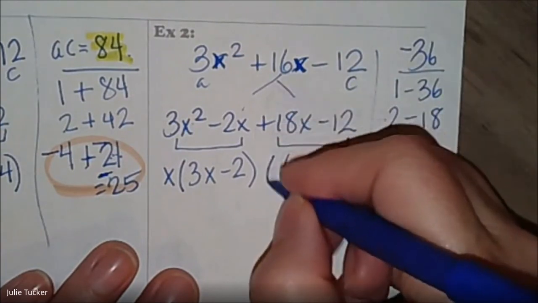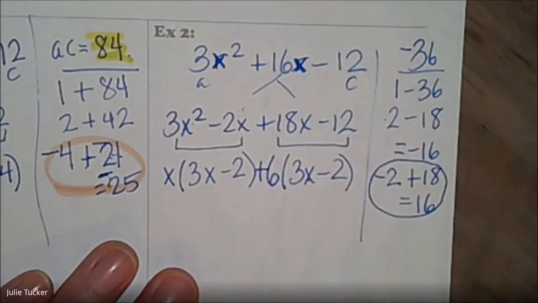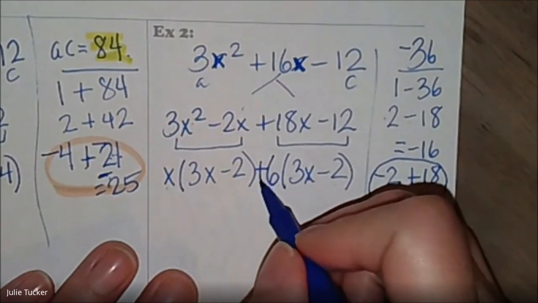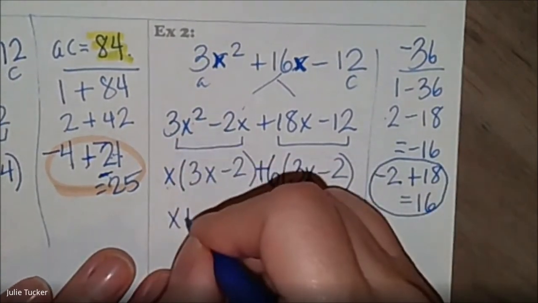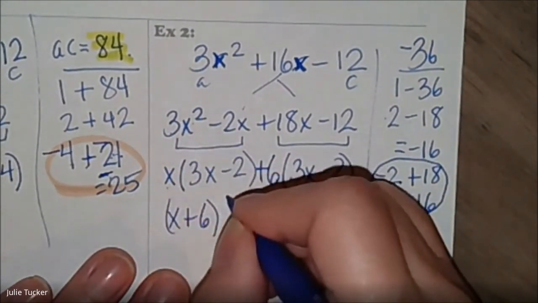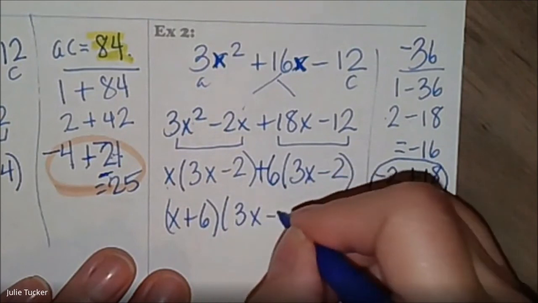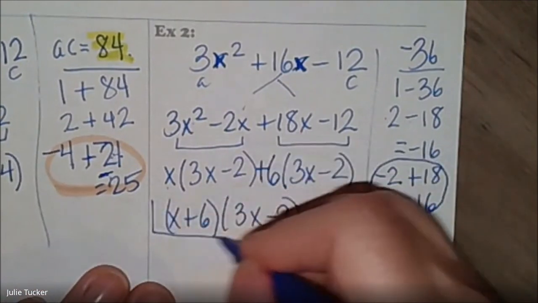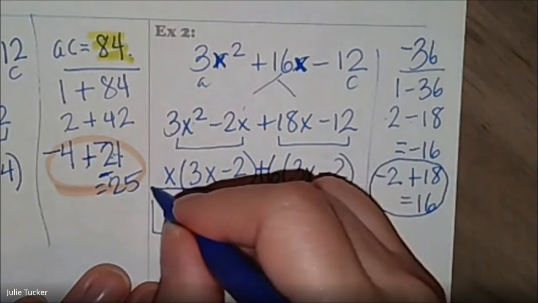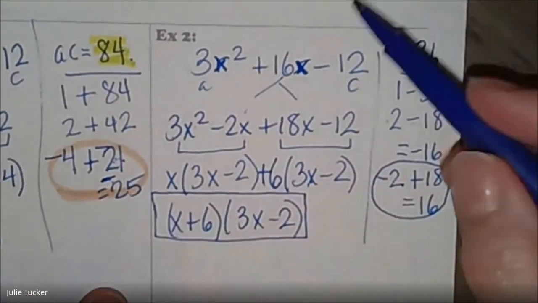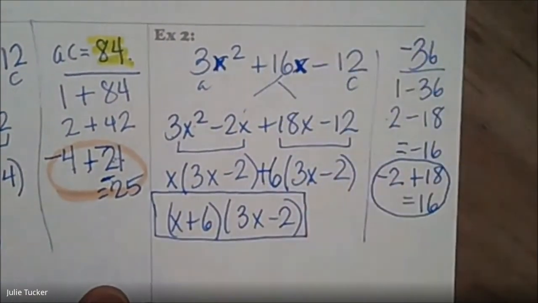So that's the right number, and it needs to be positive. Then we put the x with the plus 6, and we write x plus 6 times 3x minus 2, and that's our answer. Those are the factors of this polynomial.